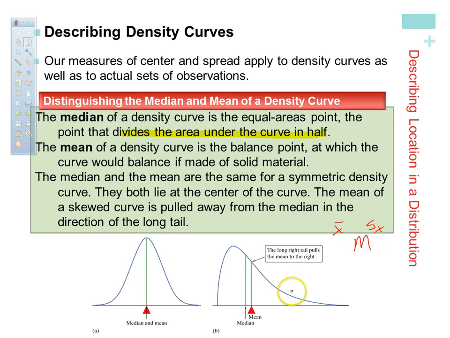What you'll see used for density curves a lot are mu and sigma, for the mean and standard deviation.